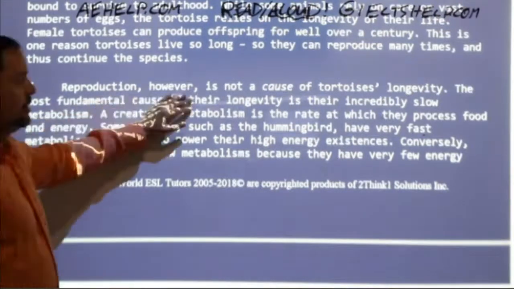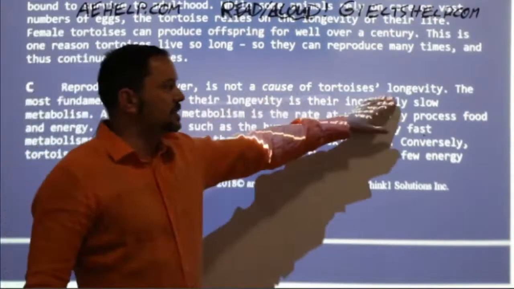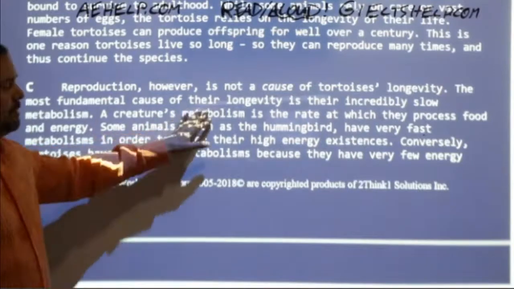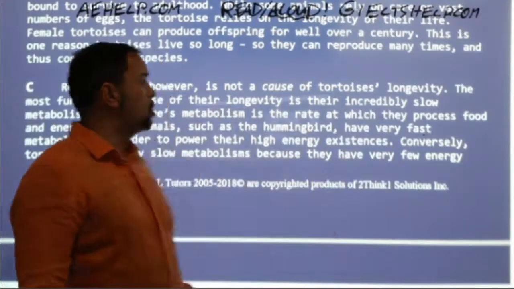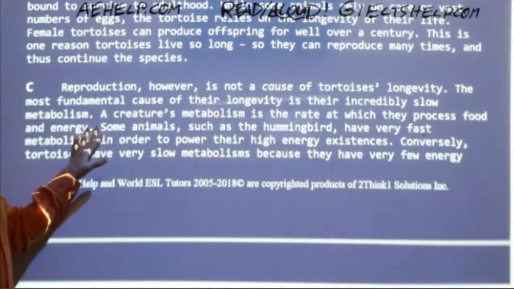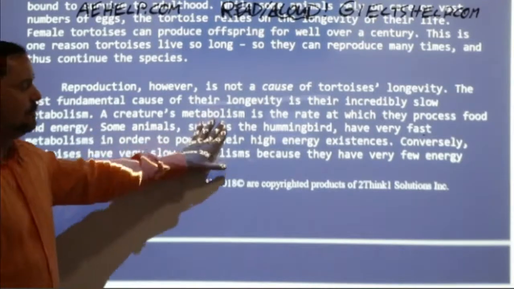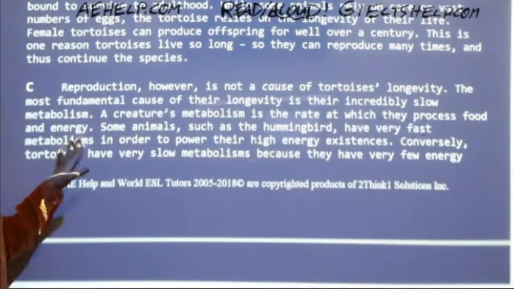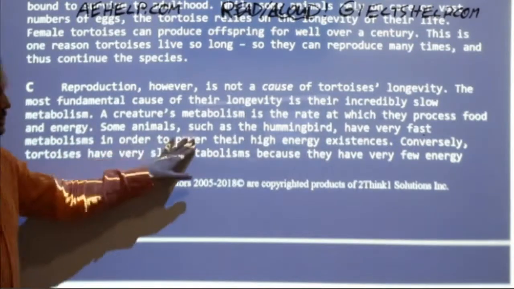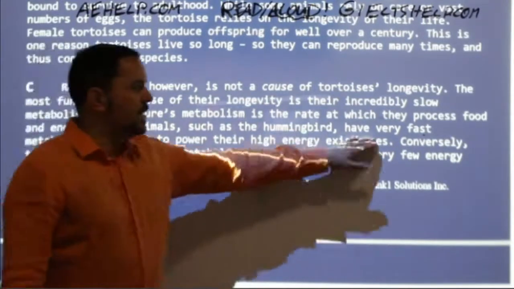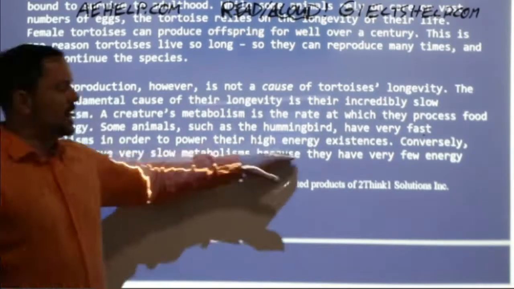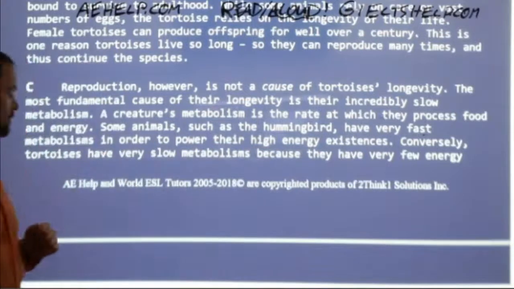Reproduction, however, is not a cause of tortoises' longevity. The most fundamental cause of their longevity is their incredibly slow metabolism. A creature's metabolism is the rate at which they process food and energy. Some animals, such as the hummingbird, have very fast metabolisms in order to power their high-energy existences.